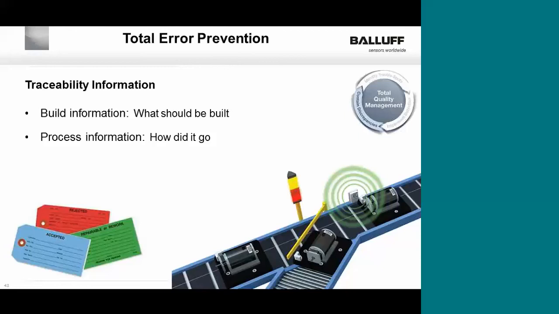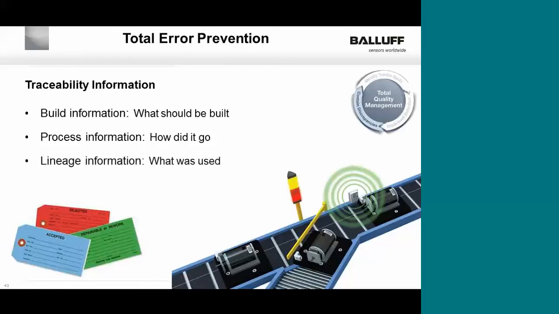information. Here we're saying, how did it go? So were the correct components available and assembled onto that sub-assembly part? Were all the proper parts correctly installed, or were there pieces missing, or they were partially installed?